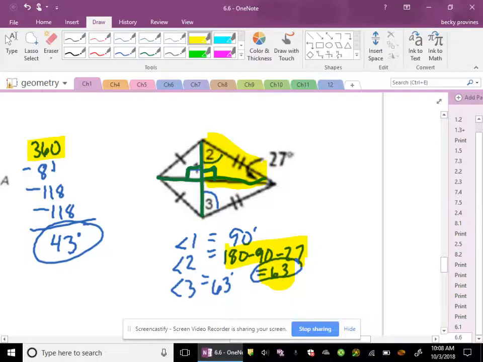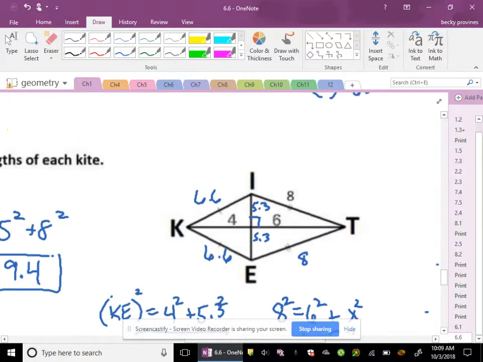Now, angle 2 and angle 3 are both the same measurement. Why? Let's go back. Do you remember this is the isosceles triangle? Two equal sides mean you have two equal angles, so these two angles are both the same. That's why they're both equal. So the answer is 63.